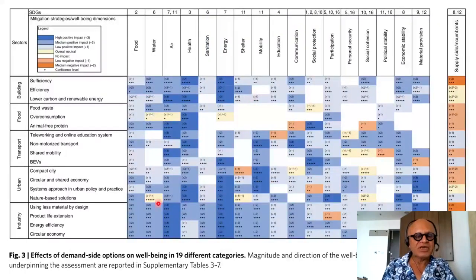So in terms of well-being, effects of demand side options on well-being in 19 different categories, magnitude and direction of the well-being effect.